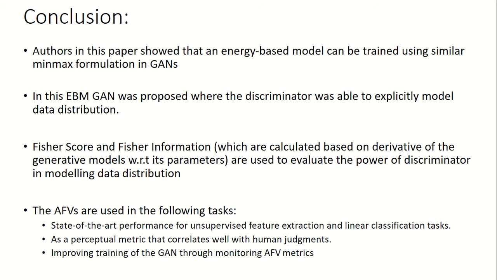The authors employed Fisher score and Fisher information theory, which are calculated based on the derivative of your generative model with respect to parameters, to evaluate the power of the discriminator in modeling data distribution, and also to extract representations from this discriminator which are more powerful than regular feature extraction.